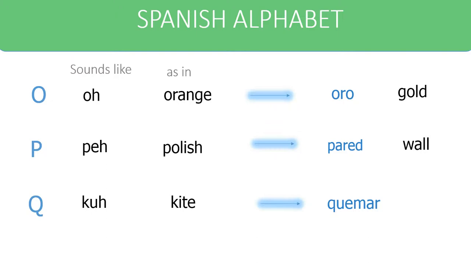So we read this as quemar, which means to burn. So remember the sound is Q, as in kite, but without the puff of air. And the example will be the word quemar.